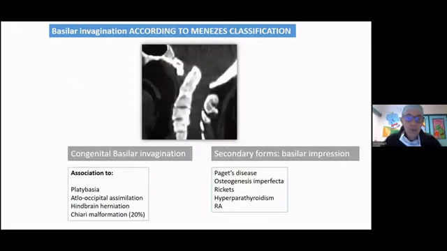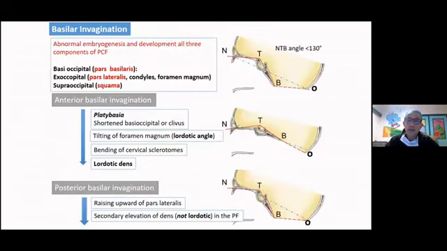Congenital basilar invagination is mainly associated with platybasia, atlanto-occipital assimilation, hindbrain herniation, Chiari malformation. Otherwise, secondary forms are more likely associated with degenerative inflammatory bone disease: Paget, osteogenesis imperfecta, rickets, hyperparathyroidism, rheumatoid arthritis.